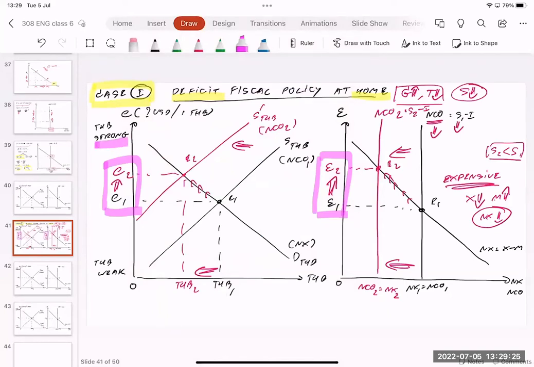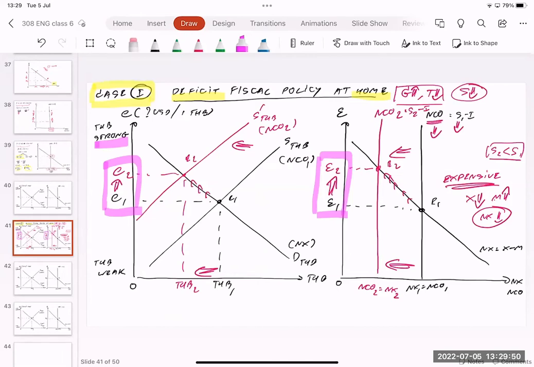As you learned from last class, when our currency becomes stronger, everything in our country will be more expensive, so they support each other on this logic. The nominal exchange rate and real exchange rate always go in the same direction and confirm each other. Done for this case.